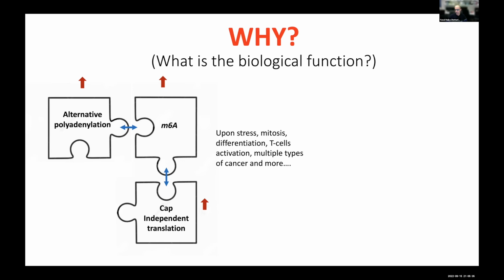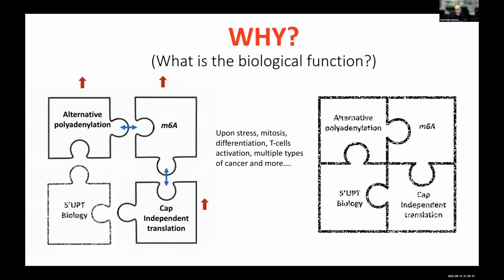And my hypothesis was that what we discovered now as a new class of RNA, the 5' UPT biology, may be a critical piece of the puzzle that can complete an exciting new biology that was hidden within the capped transcript.